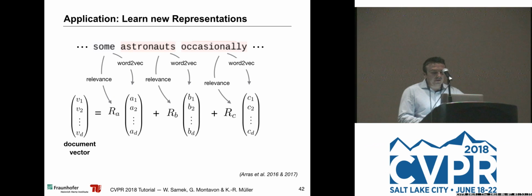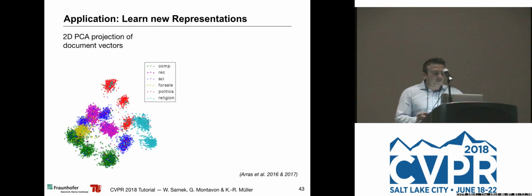And the nice thing is that if you do this, so you have one vector for every document in your data set, and you then compute a PCA on these document vectors, you will get really structured documents.